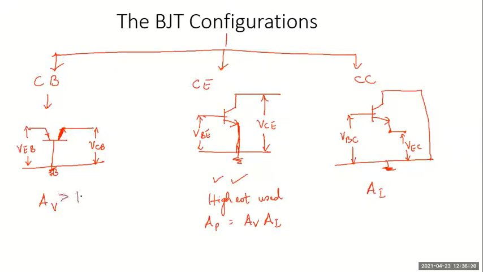So here AV is greater than 1, here AI is greater than 1. Here both AV and AI are greater than 1. That's why a proper power gain is obtained in the CE configuration. That's why this is preferred in all amplifiers.